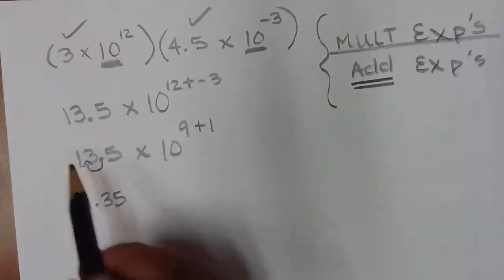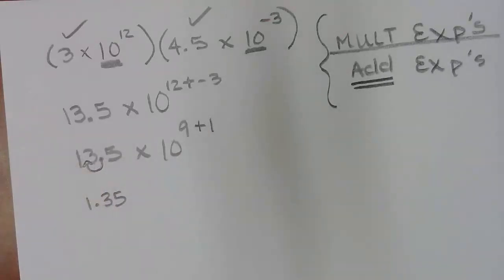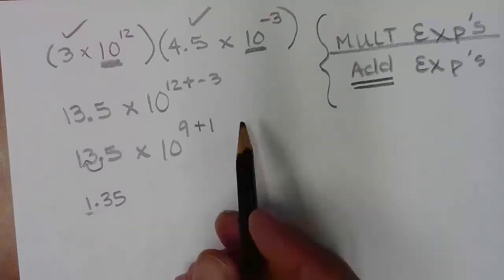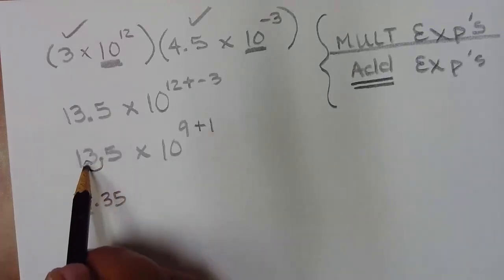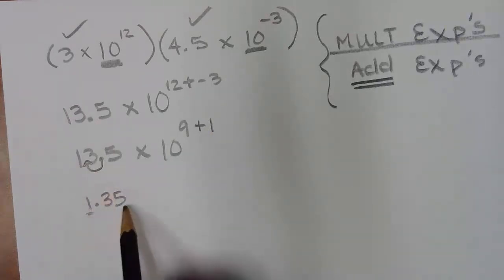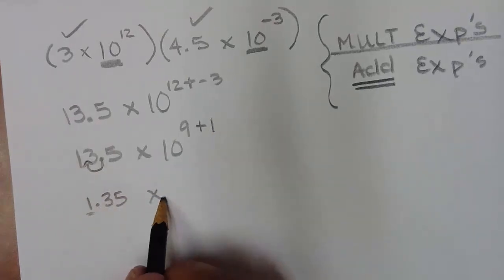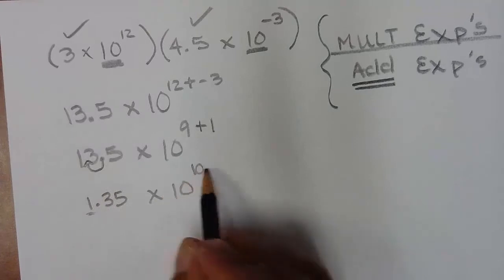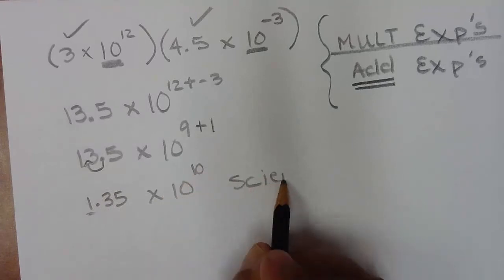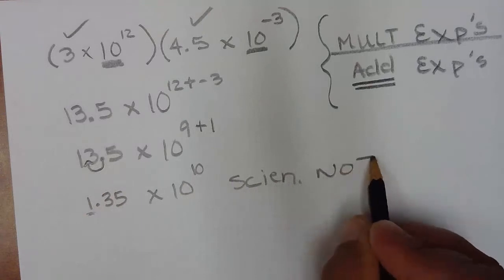If you had to move two spaces to get it in proper scientific notation, so that there's only one number to the left of the decimal, then you would add two. But I only had to move one space to get this coefficient perfectly in scientific notation, so I added one there. And now my answer is in full scientific notation.